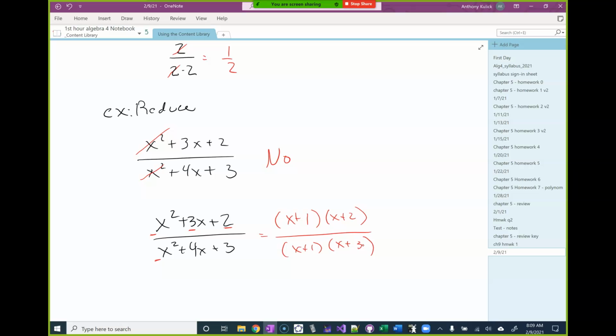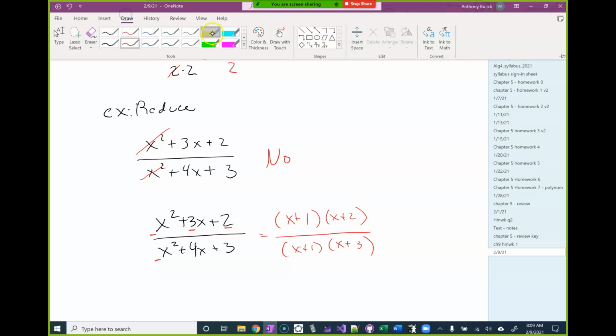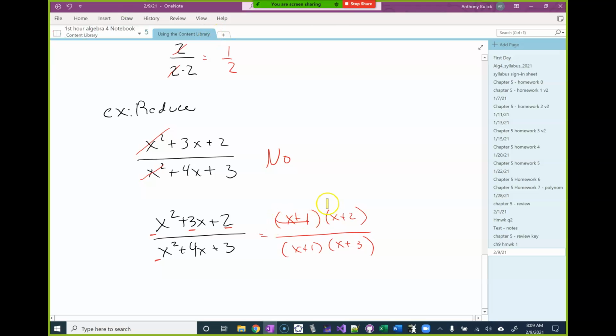Okay. So we factored this now, right? This is not really a multiplication problem. In the numerator, I have two things that are being multiplied together. One thing, two thing. And in the denominator, I have two things being multiplied together. One thing, two thing. Everybody agree with that?